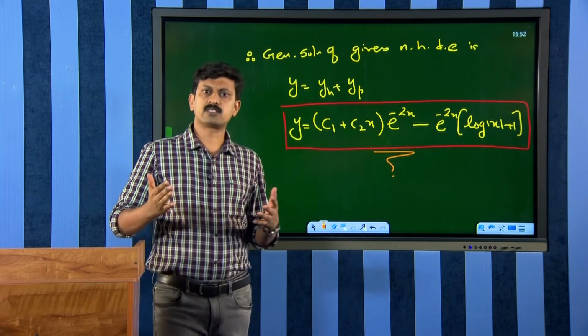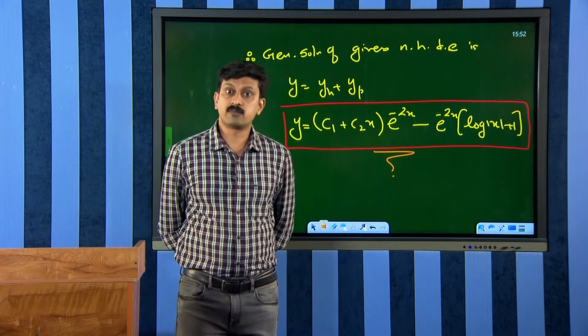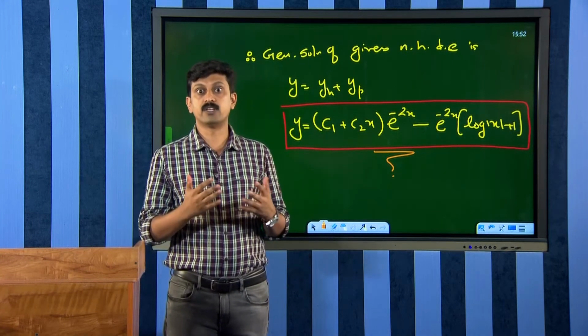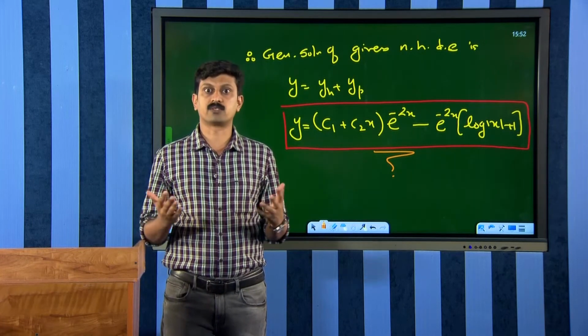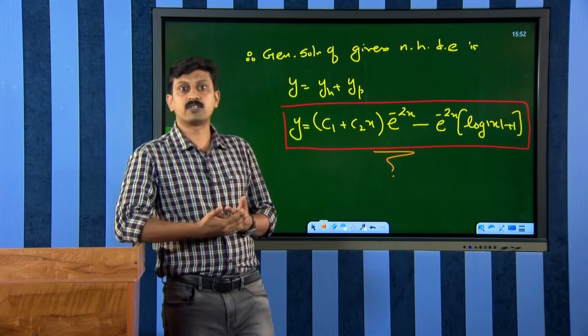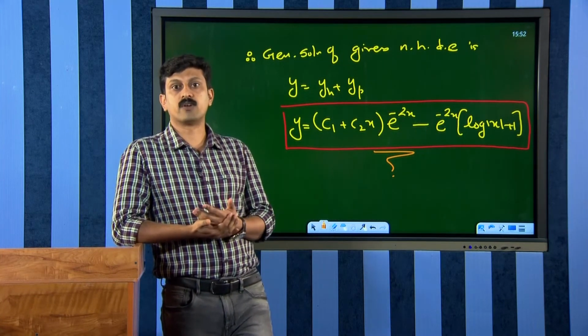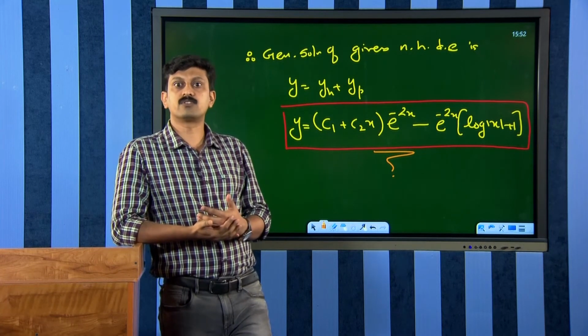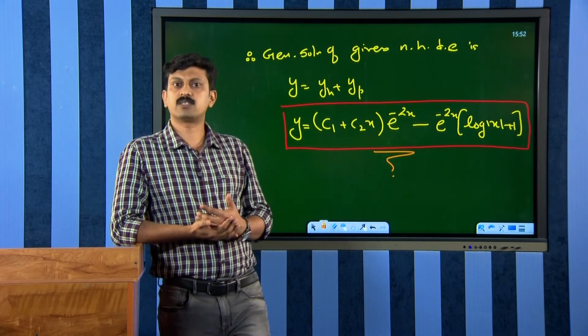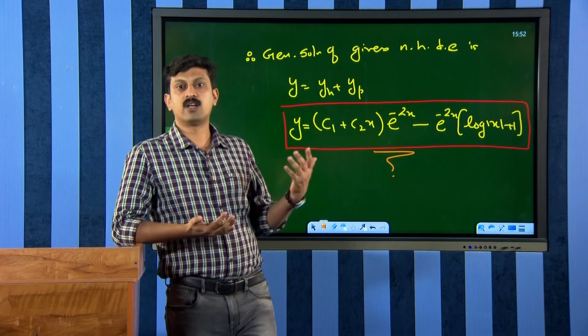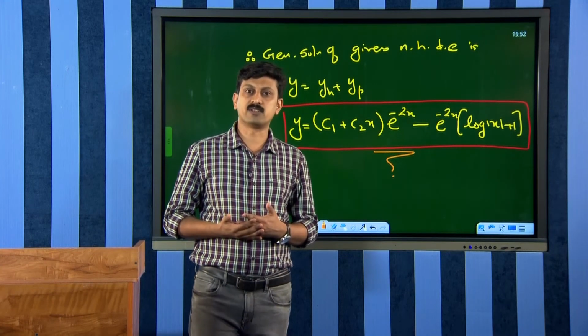See, my dear students, compared to undetermined coefficients, this formula is very useful. Some differential equations are very tedious to solve by the method of undetermined coefficients. In those cases, we can use the method of variation of parameters. This is a very nice formula to solve non-homogeneous equations.